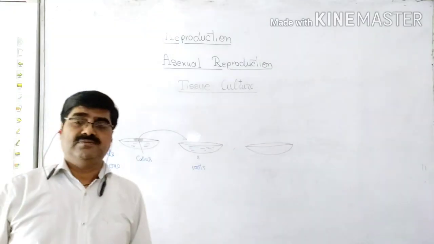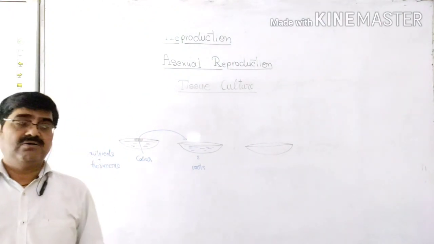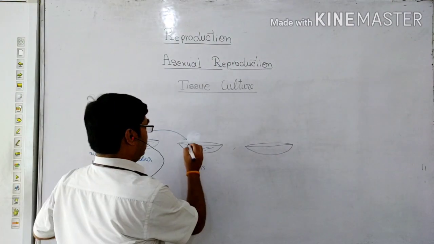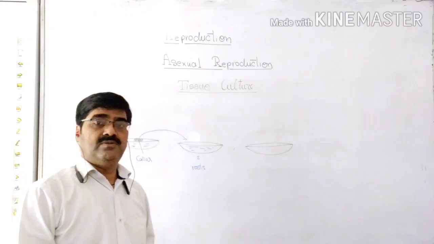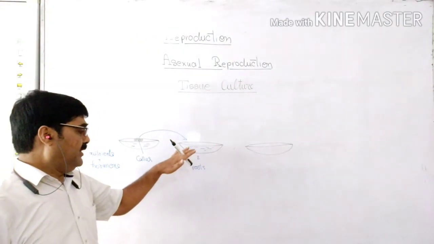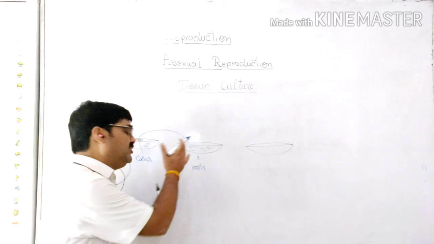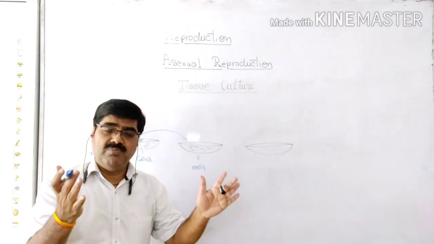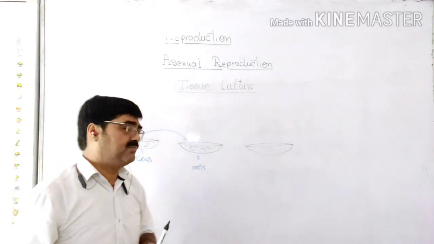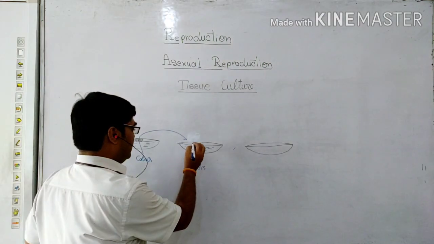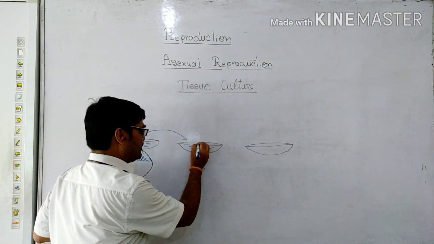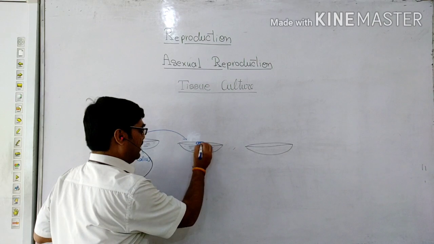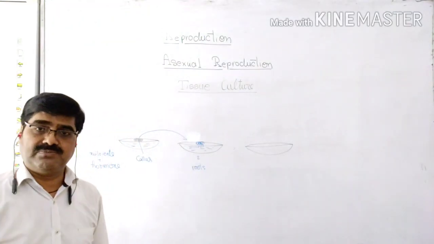So from this callus, root-like structures can develop like this.